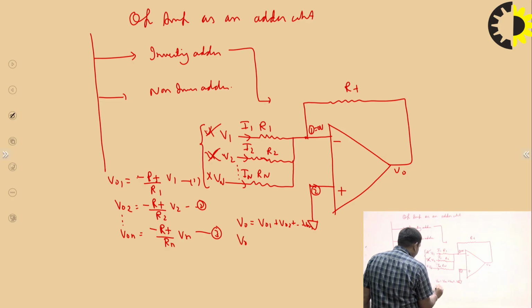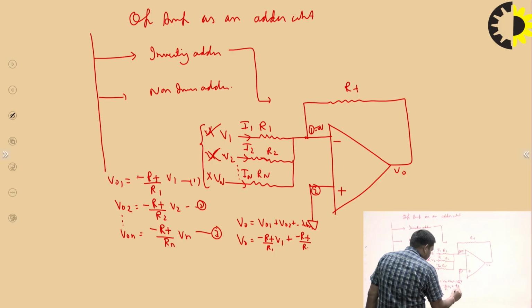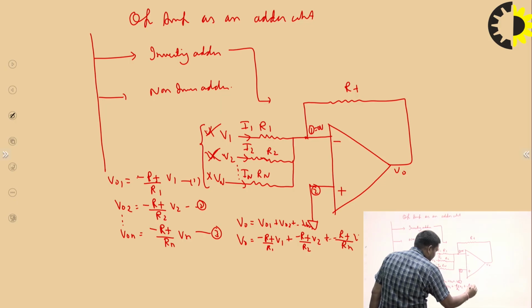So the total output voltage is equal to minus Rf upon R1 V1 plus minus Rf upon R2 V2, and so on up to minus Rf upon Rn Vn.